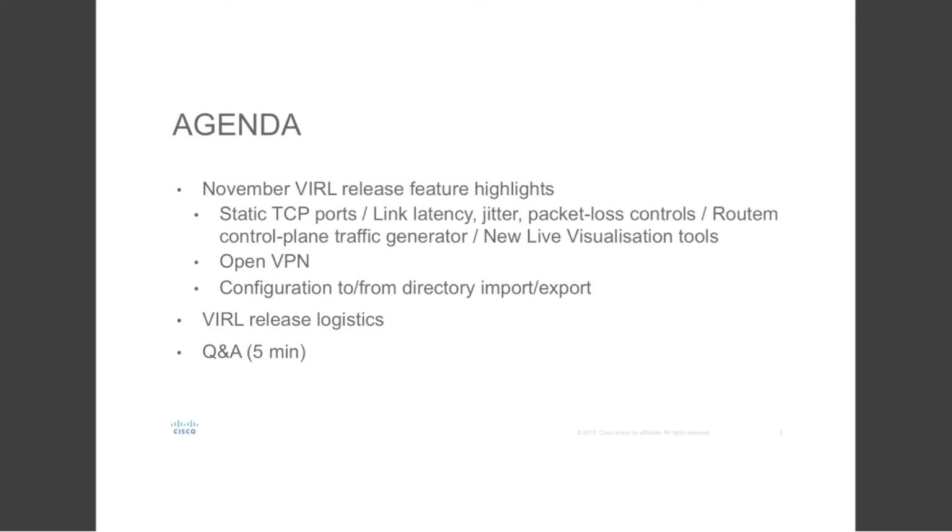We're also going to be taking a look at a new capability for OpenVPN. My colleague Ralph is going to be covering that a little bit later. Then we're going to be finishing up by looking at a new configuration import-export capability, and Tom Bryan, who's the developer who's written that, is going to be showing us how this feature works and how you can best utilize that.